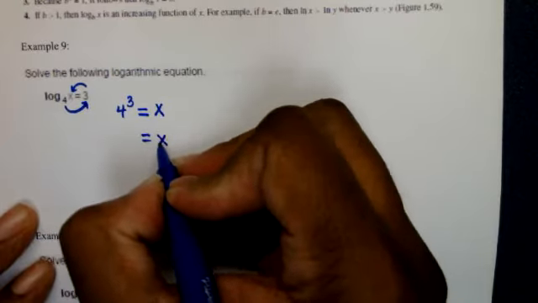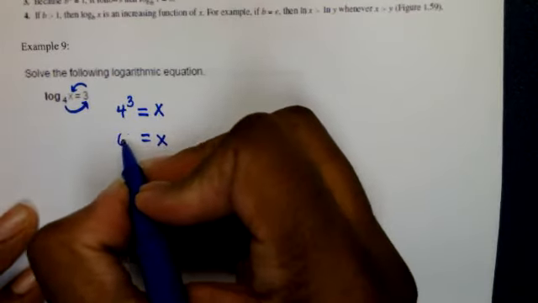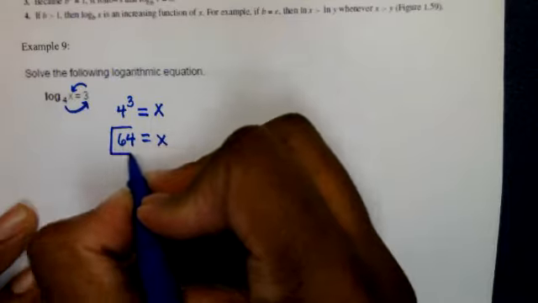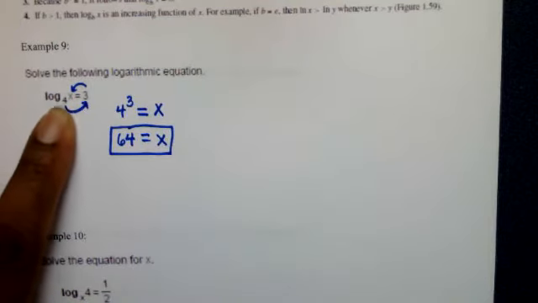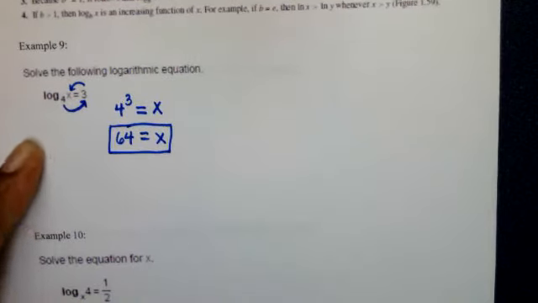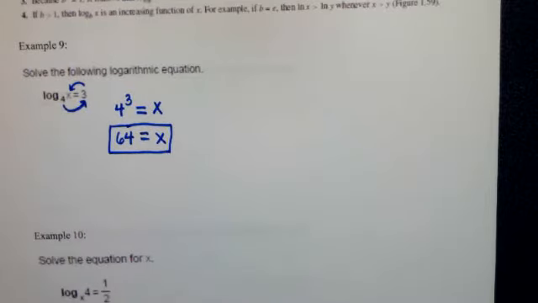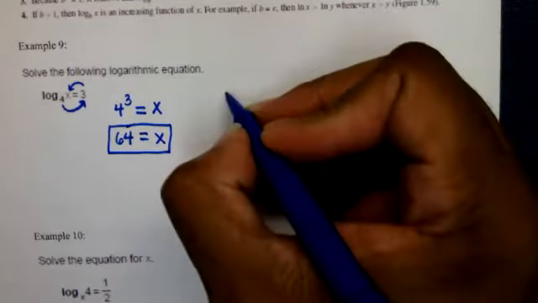Well, 4 to the 3rd is 4 times 4 times 4, and that's 64. So that means x equals 64 is what log to the base 4 of x is equal to 3 would be. And of course, you can check by just substituting the x with 64 by doing this.